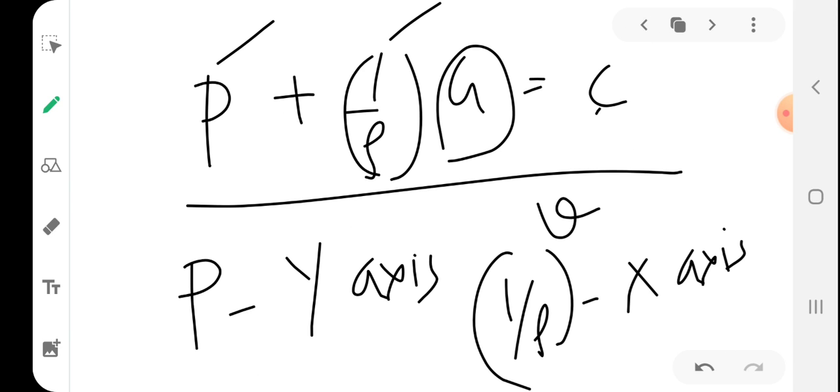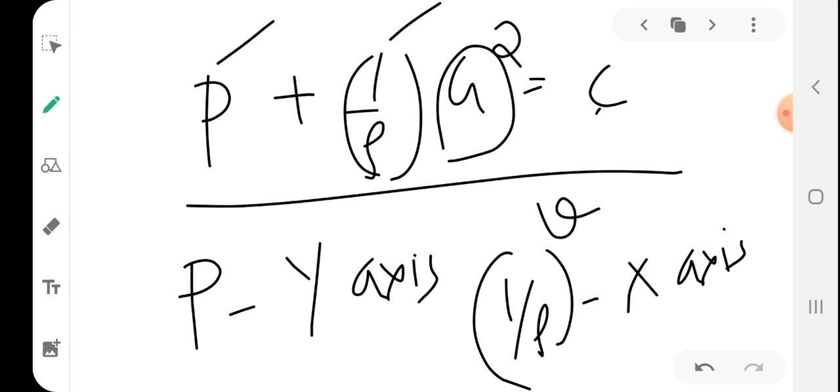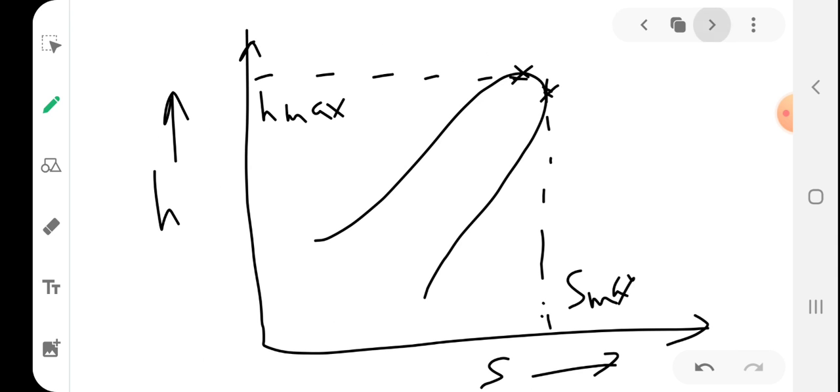Students, actually this is our equation, P plus G square by rho equal to constant, right? So when this equation is plotted in an enthalpy entropy coordinate system, it looks like this, okay. The general shape of the Rayleigh line on an HS diagram remains the same for all perfect gas.